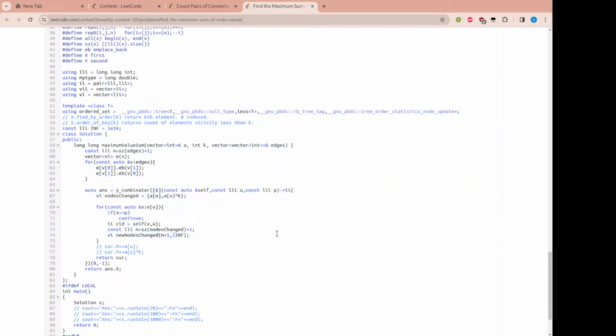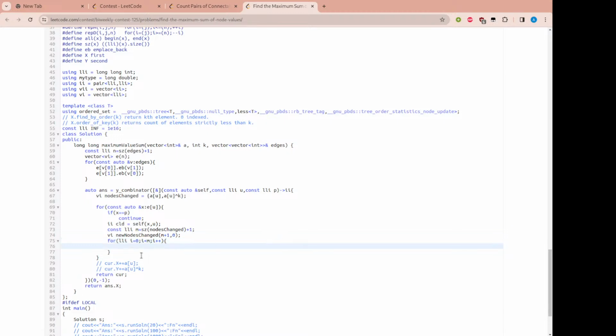Like we can just keep it 0, that works. Like, max of both the cases.